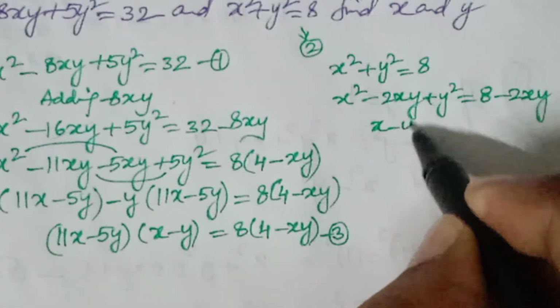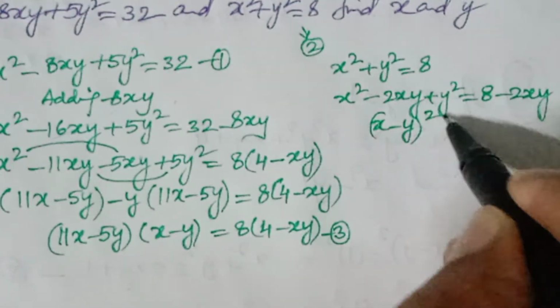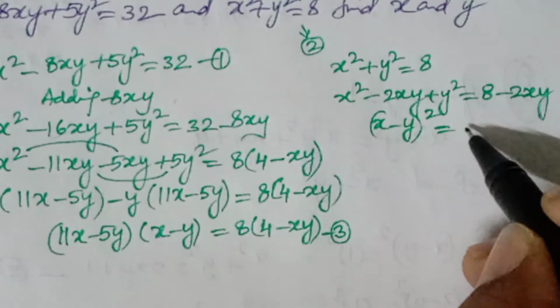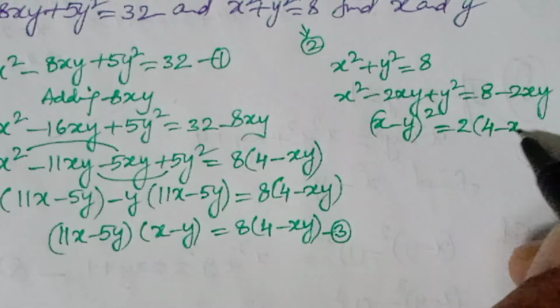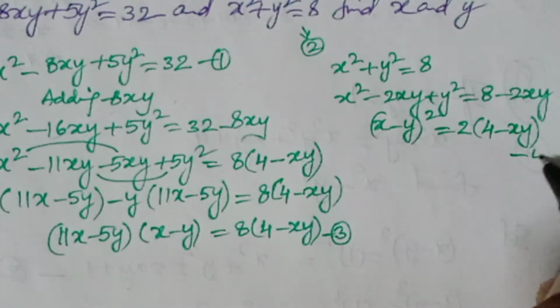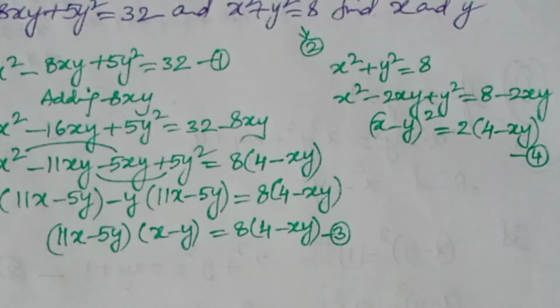So this can be written as x minus y whole square is equal to, taking 2 common, 2 into 4 minus xy. Let it be the fourth equation.